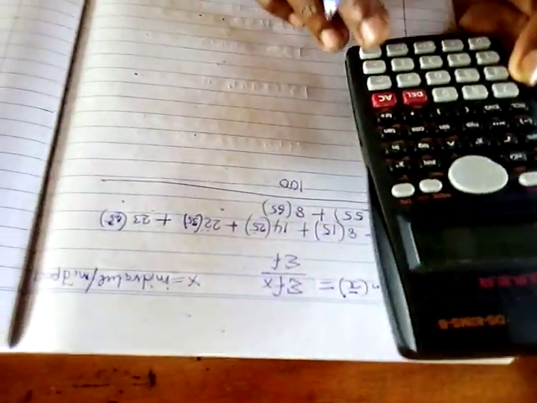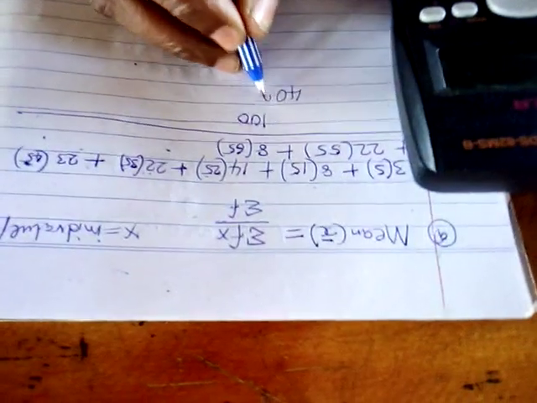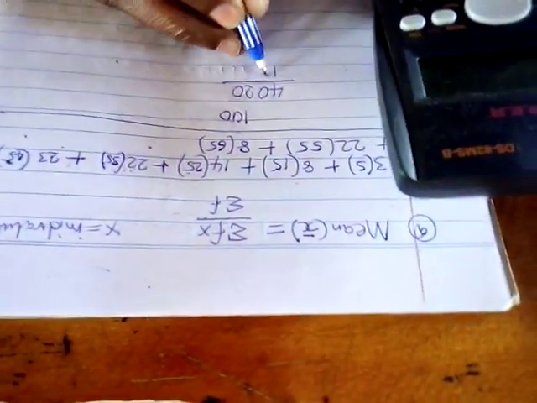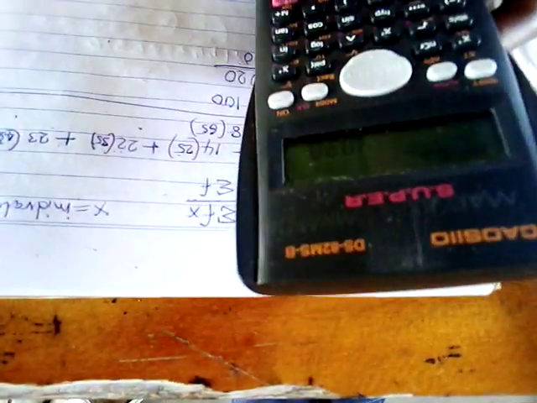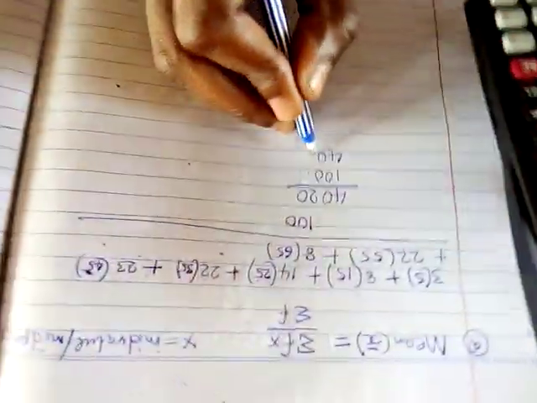Then equals 4020. Then you divide by 100. You get 40.2. So 40.2 is the mean.